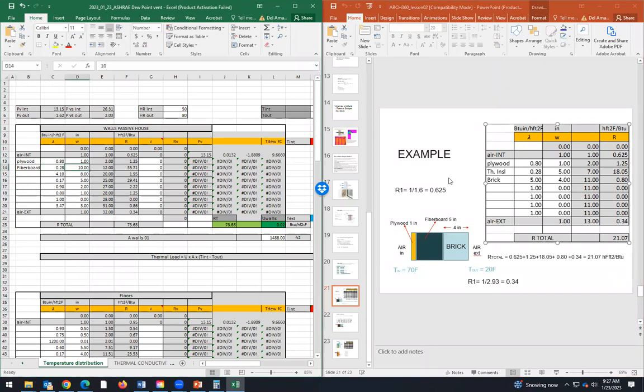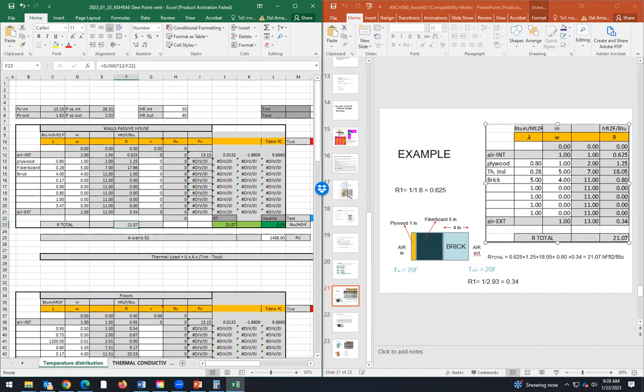And the width is 5 inches. And then the third material is brick. The thermal conductivity is 5. And the width is 4. We don't have any materials here. So if you don't have any materials, just type 0 in the width.